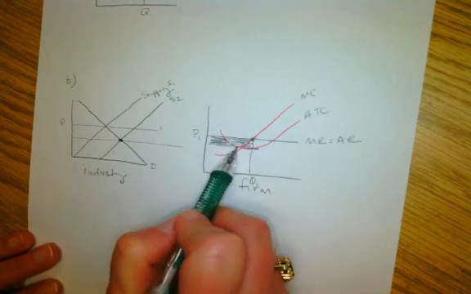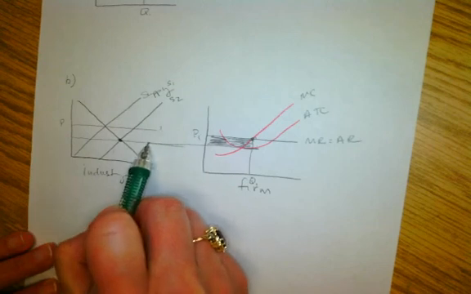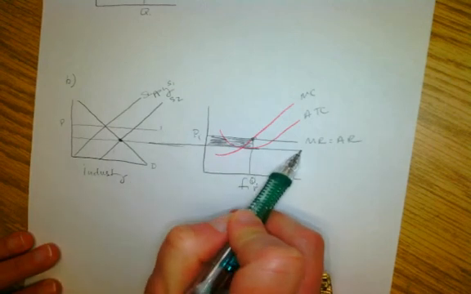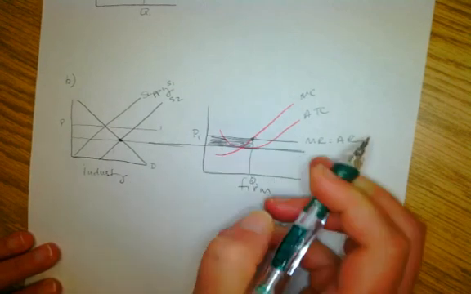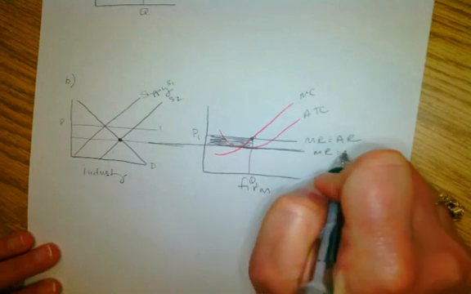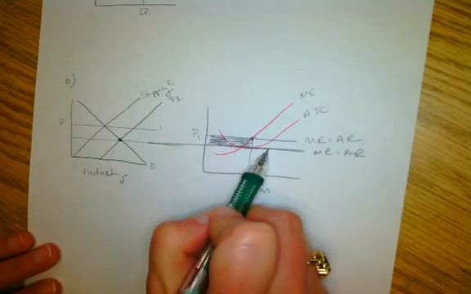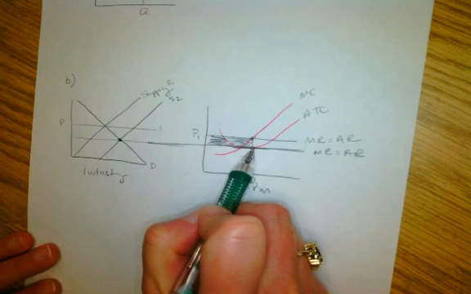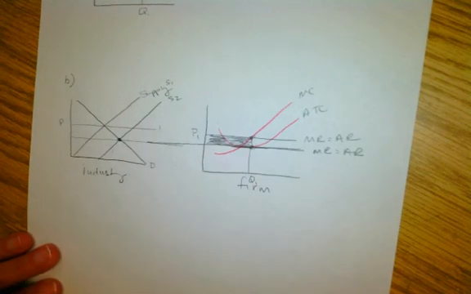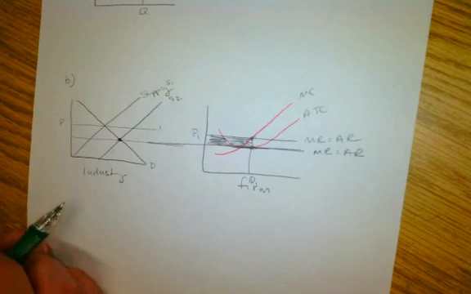We want this to come over and adjust so that our new marginal revenue is equal to our average total cost. So that way we are operating at zero economic profits.